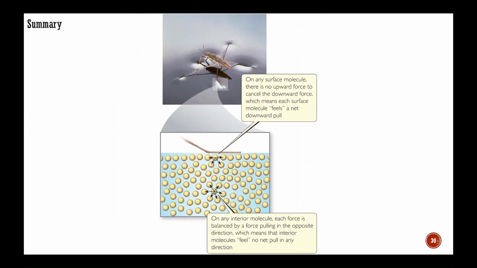To sum up, in this lecture, you were introduced to some of the most important properties of liquids, including surface tension, viscosity, and vapor pressure. You now know that surface tension is the net inward pull on molecules at the surface of a liquid.